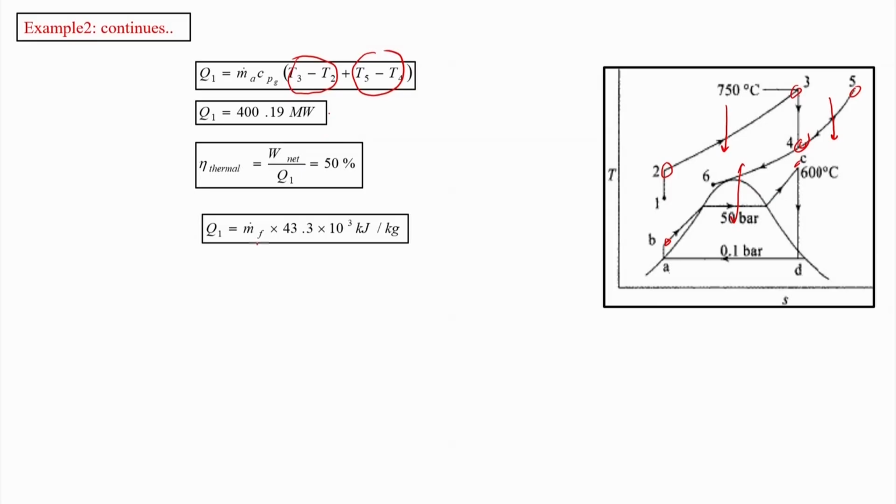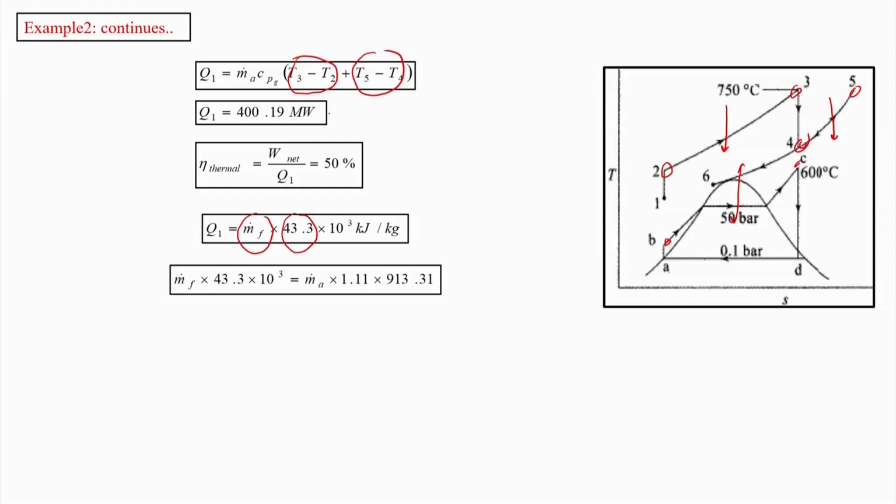But Q1 is equal to mass flow rate of fuel into the calorific value of fuel. So that is MF into 43.3 into 10 to the power 3 kilojoule per kg of fuel. So this is kilojoule, not per kg of fuel.